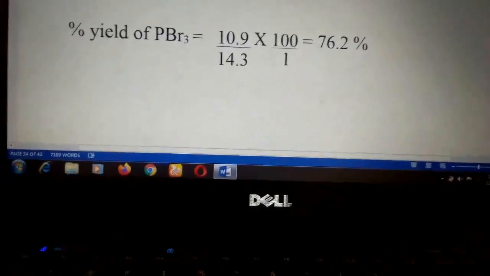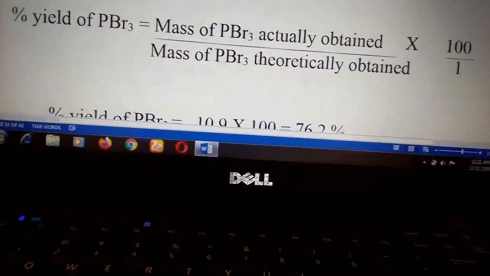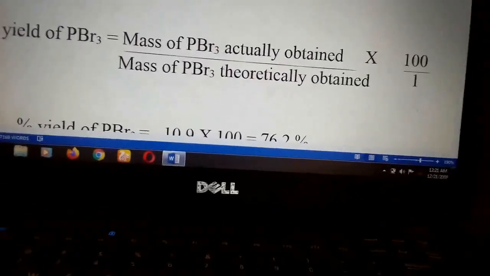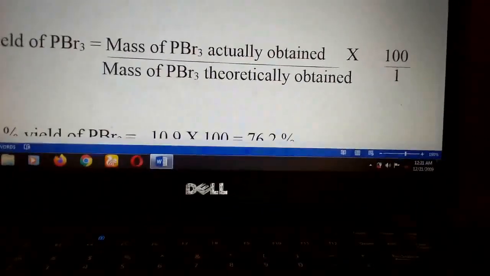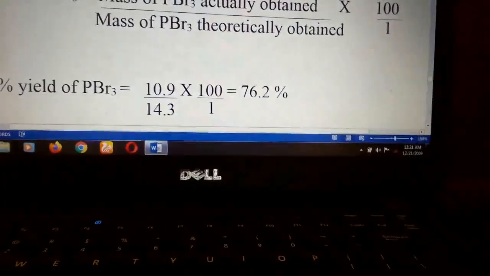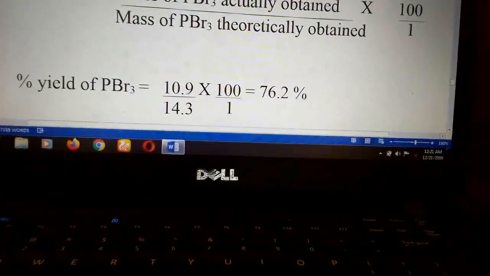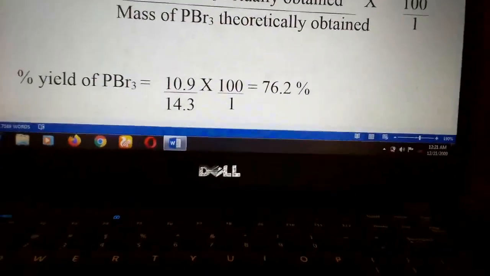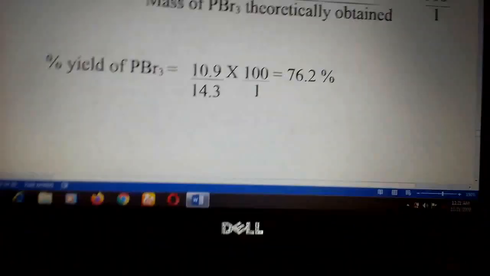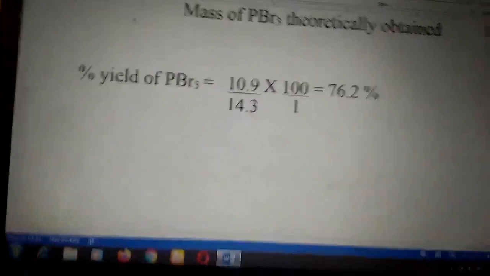Percentage yield will now be the mass of PBr3 actually obtained, that is the actual yield, all over the mass of PBr3 theoretically obtained, that is the theoretical yield, times 100 over 1. So we now have 10.9, which is the actual yield, all over 14.3 times 100 over 1, and that gives us 76.2% as the percentage yield of phosphorus 3 bromide.